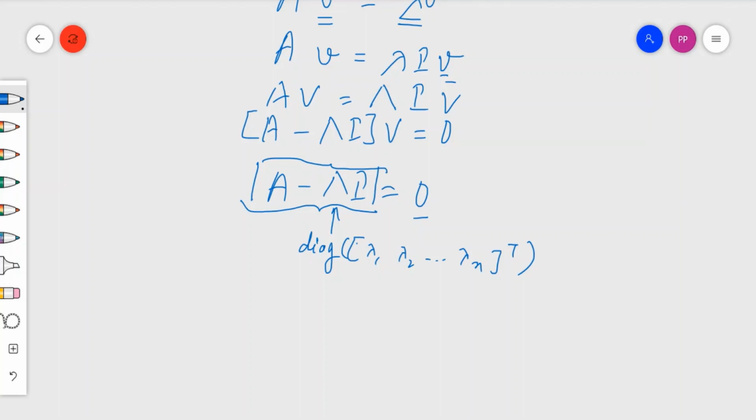So this concept helps us in understanding the diagonalization of matrices also. So let us understand diagonalization of matrices.